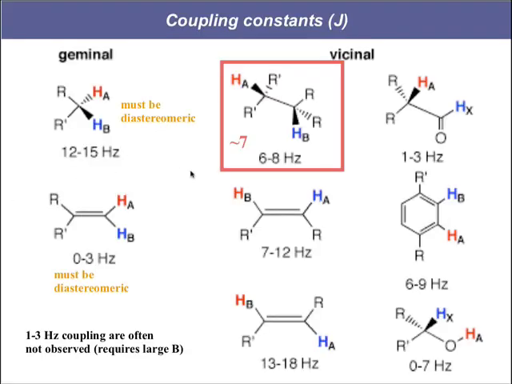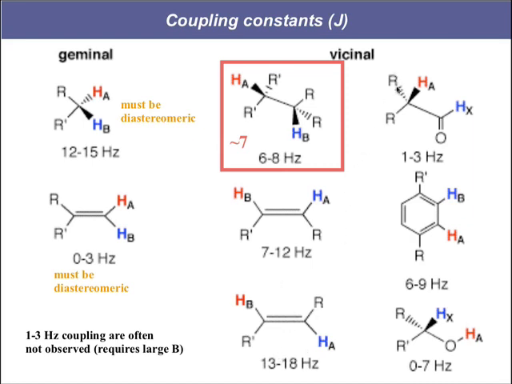For example, cis alkene neighbors, hydrogens that are neighboring on an alkene in a cis relationship, their distance will typically be somewhere between 7 and 12 hertz. If you are trans alkene neighbors, you will split as 13 to 18 hertz. And usually it's right in between. So usually this would be around 9 hertz. Usually this would be around 15 hertz.